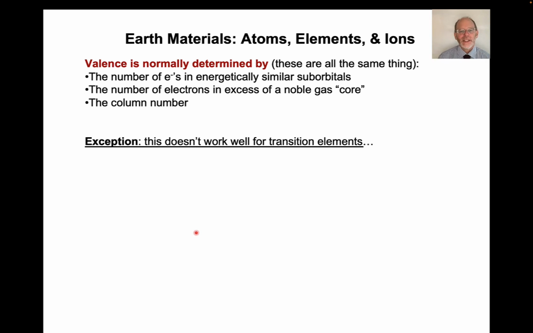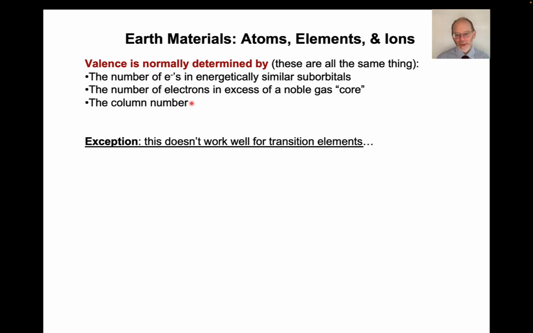Valence is normally determined by, well, there's a couple of different ways of thinking about this. The number of electrons in energetically similar suborbitals, the number of electrons in excess of a noble gas core, which is actually how I think about it, or the column number. So am I in column 1 or 2 or 6 or 7 on the periodic table?